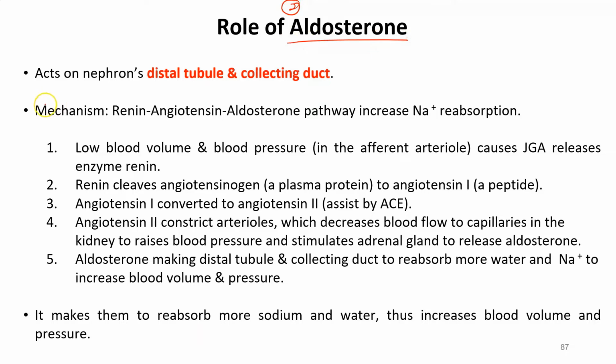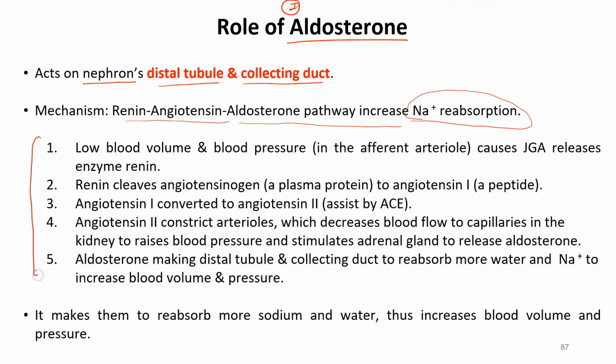Aldosterone acts on nephrons, the distal tubule, and also collecting ducts, same as ADH. It involves the mechanism we call the renin-angiotensin aldosterone pathway, which increases sodium ion reabsorption. So we are going to look at the mechanism.